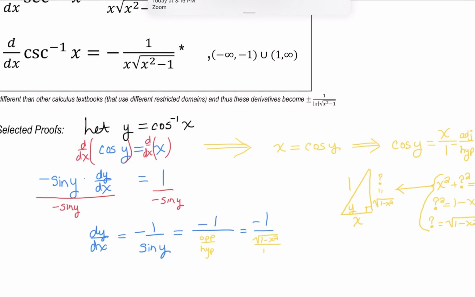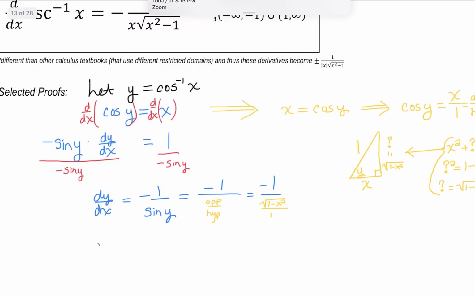And so in the end, my dy dx is equal to negative 1 over the square root of 1 minus x squared. And that is the form of the derivative that you see up above.